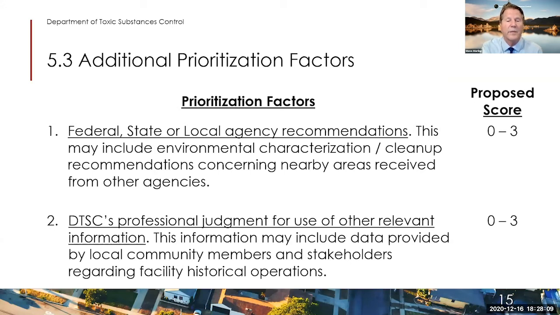Secondly, other information that, in DTSC's professional judgment, is relevant to prioritizing an area for investigation or evaluation. This information may include public interest, length of history of operations at a facility, collaboration with other agencies, facility exhaust stack height, and other information. Next slide, please.